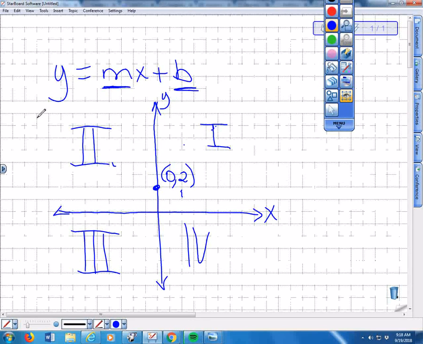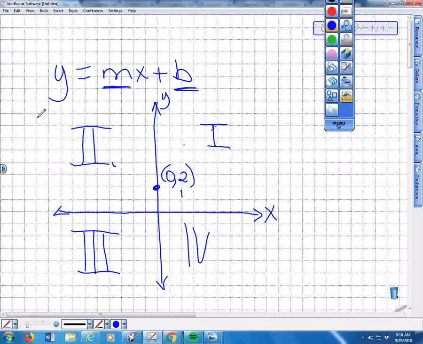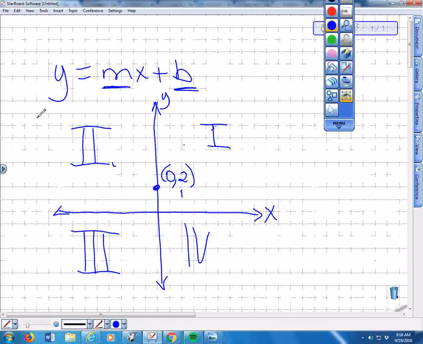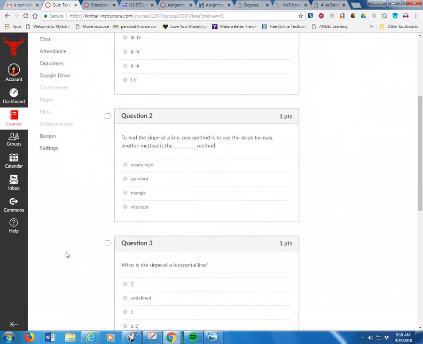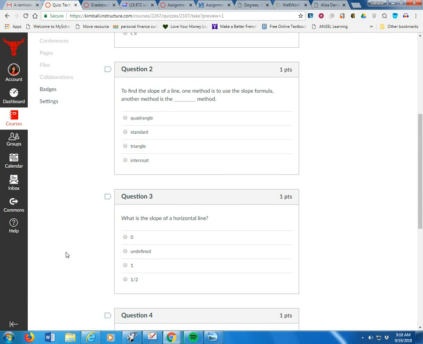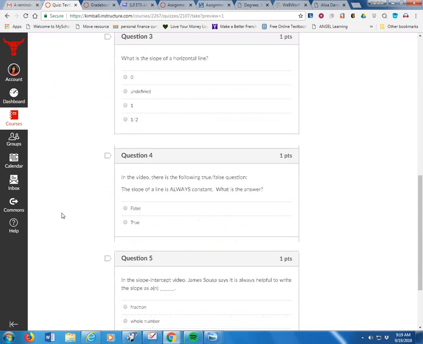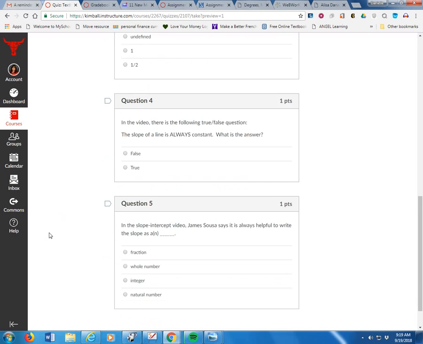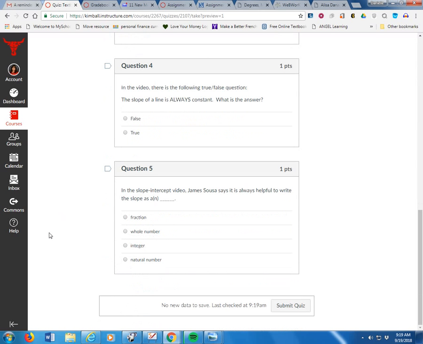Y is positive here, negative here, so quadrants 3 and 4. To find the slope of a line, one method is to use the slope formula. Another method is the triangle method. What is the slope of a horizontal line? 0. In the video, there's the following true-false question. The slope of a line is always constant. True or false? True. Always constant.